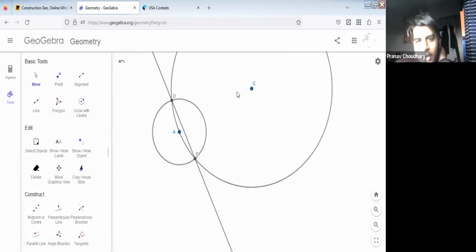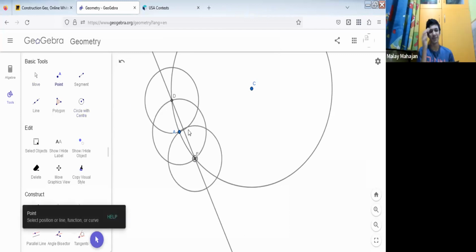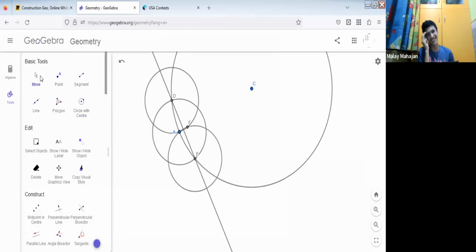It's the line DE, right? And if a circle goes to a line, then the center of that circle goes to the reflection of the center of inversion through that line, and you can construct reflections. So this will be the inverse.